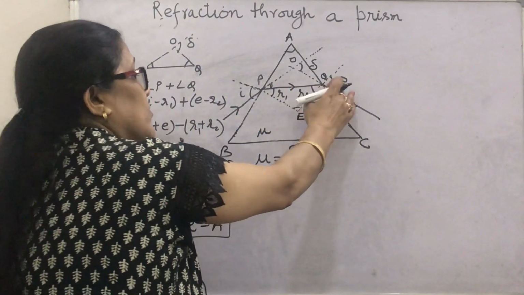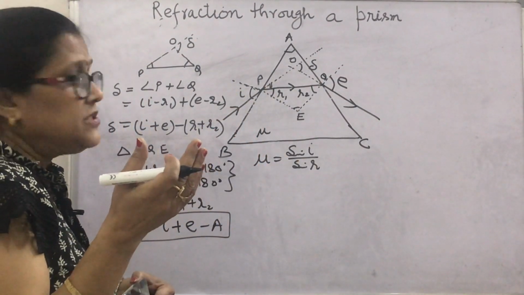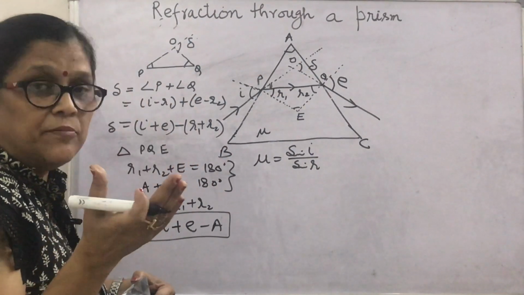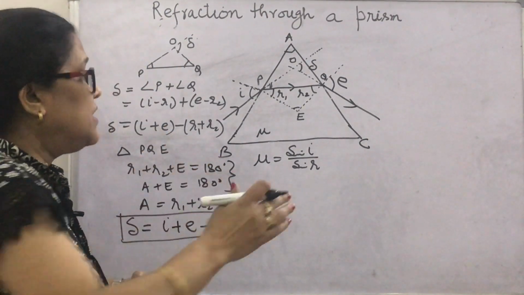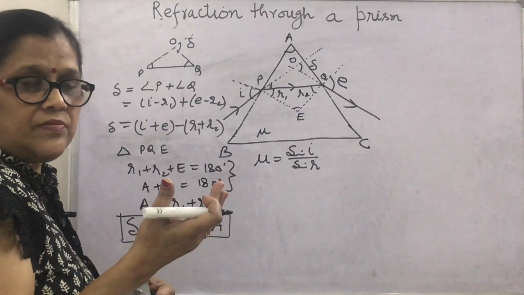For that angle of emergence, which is equal to the angle of incidence, the deviation produced by the prism remains minimum. So for the minimum deviation position, angle I and angle E are the same.